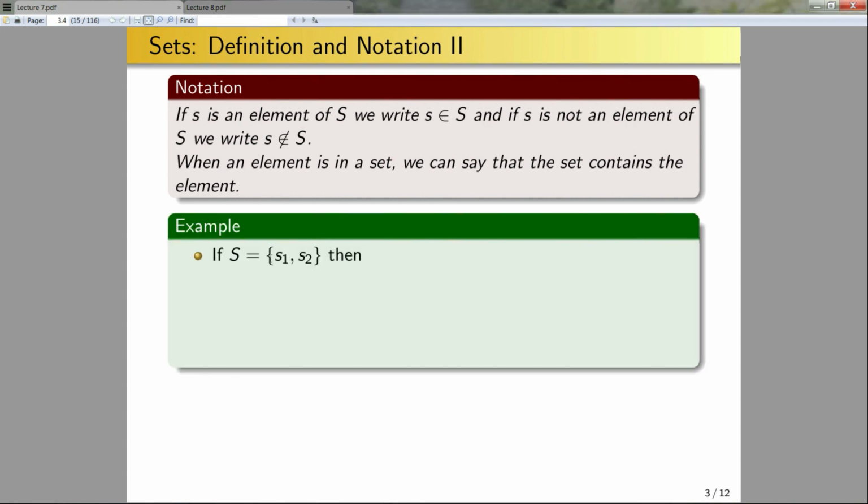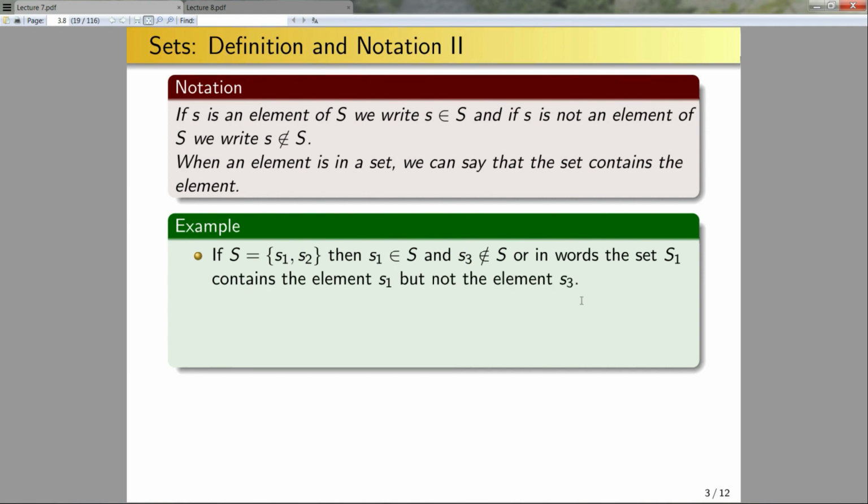If S is this set containing S1 and S2, then I can say that S1 is in S. I can say that S3 is not in S. So in words, this is explicitly saying that the set S contains the element S1, but not the element S3. And note that this is little s1 and this is capital S1. You have to be careful with sets containing themselves. We'll talk about that at the end of this lecture.